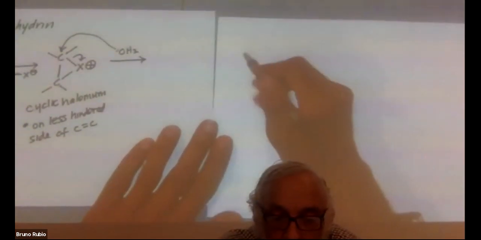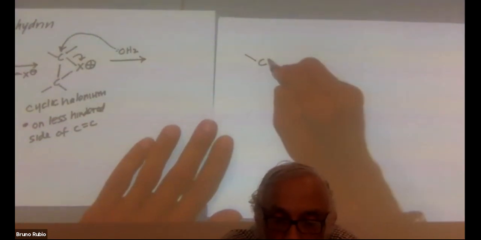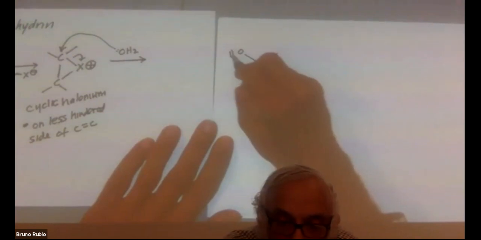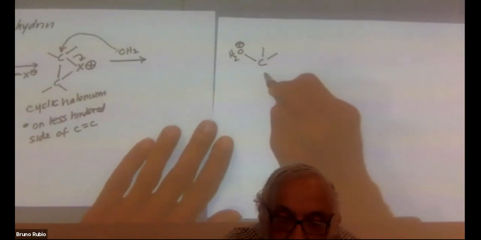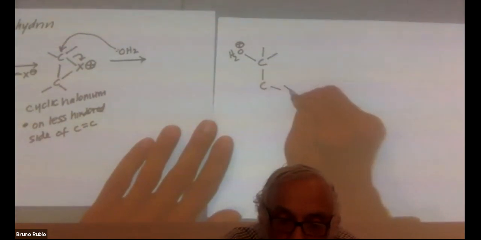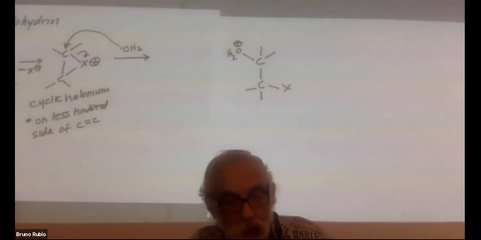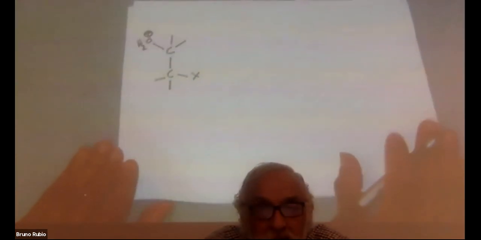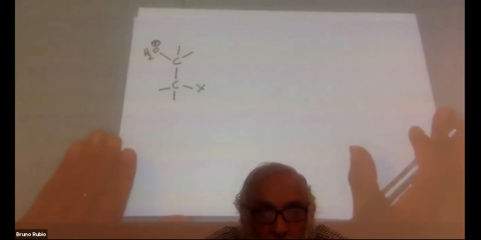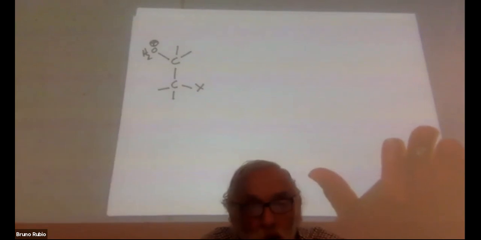All right, so we get this intermediate, and this is the reaction where the water molecule has busted open that cyclic halonium.